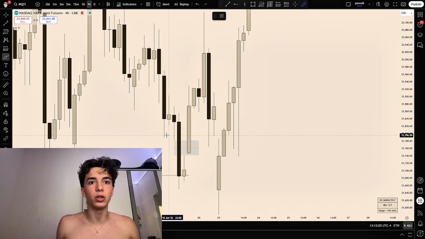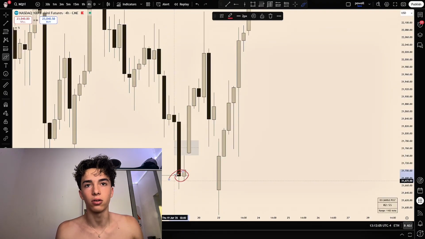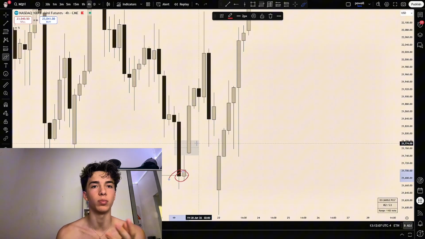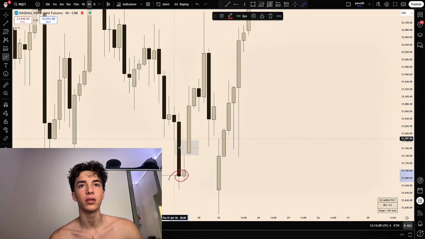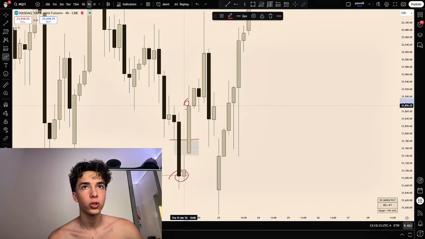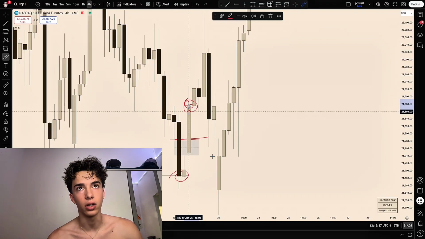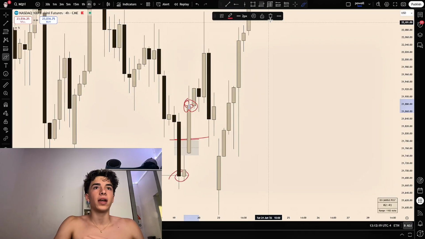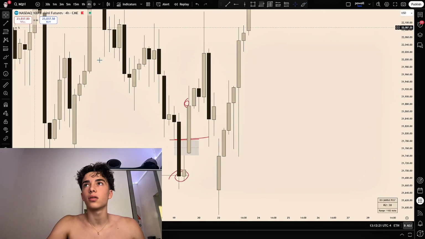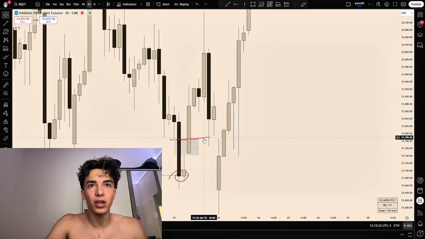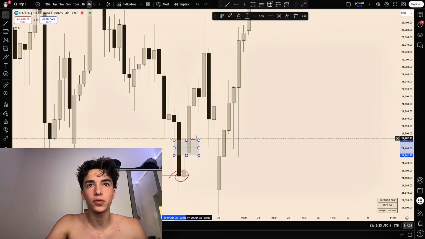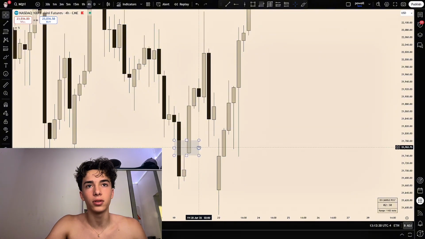For confirmation, we don't want to enter just here with only the sweep. We see this fair value gap get invalidated on this closure. We could enter on the retest or directly on the closure, and that's great. This is actually a very good inverse fair value gap. I just found it randomly, but it gets to my point.